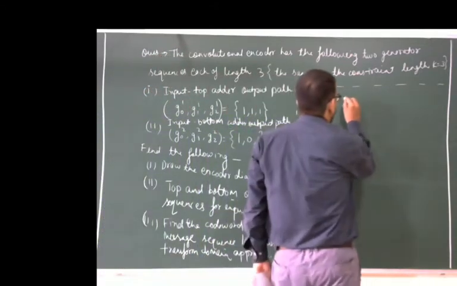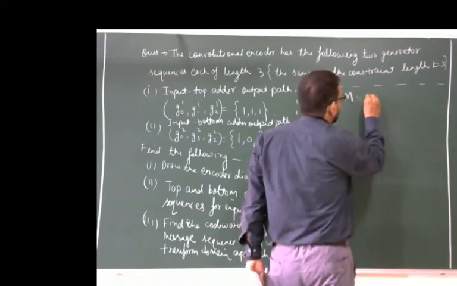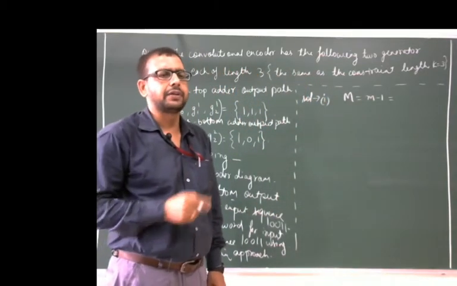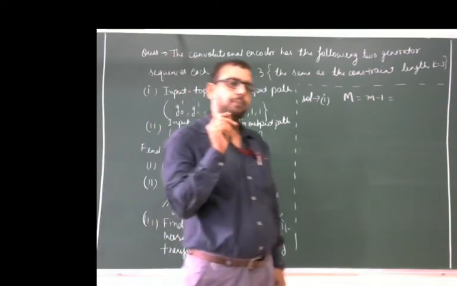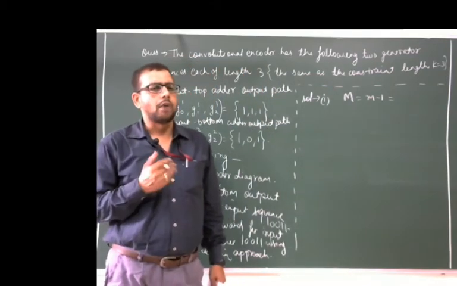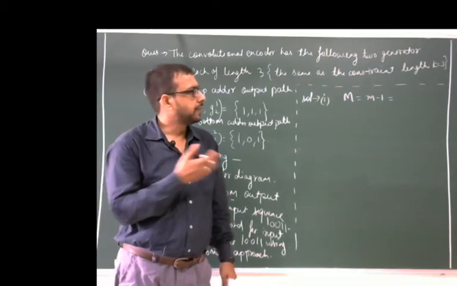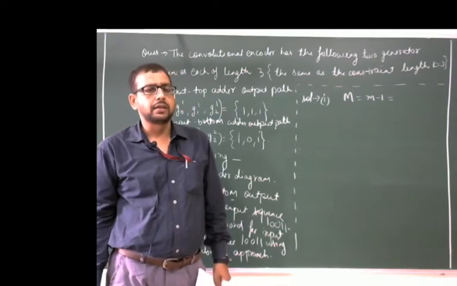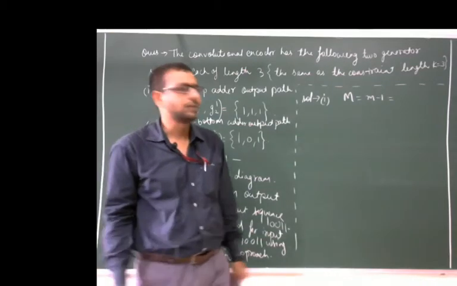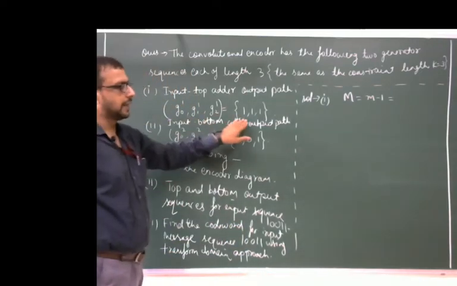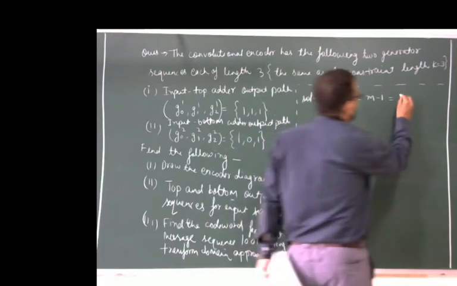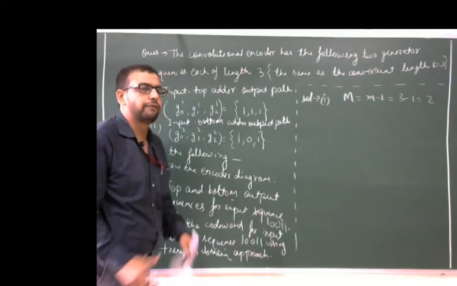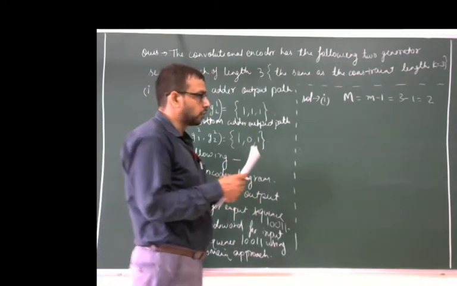We know capital M is equal to small m minus 1, where capital M is the number of shifts in the encoder diagram. Means if we put a single input message bit, how many shifts there are depends on this, where m is the number of bits representing the sequence length, which here is 3. So 3 minus 1 is equal to 2. It means there are two shifts, so two flip flops are used in the figure of the encoder diagram.